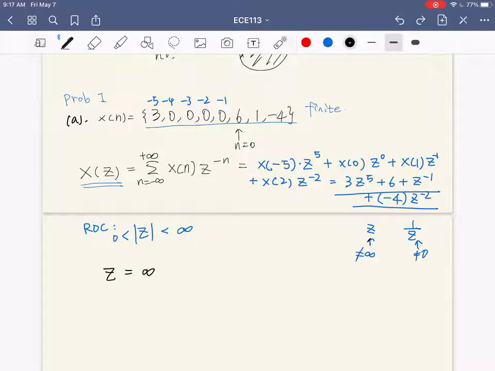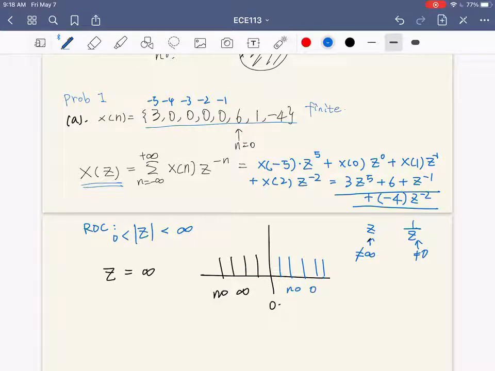If you review the lecture, you also see a quick conclusion. When you have non-zero x of n on the negative side, if you have non-zero support on the left side, you will need to exclude infinity. And if you have non-zero support on the positive side, it will exclude 0.